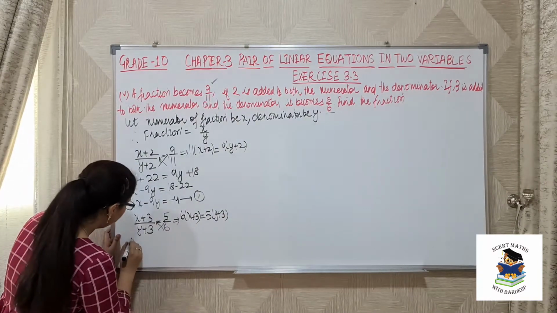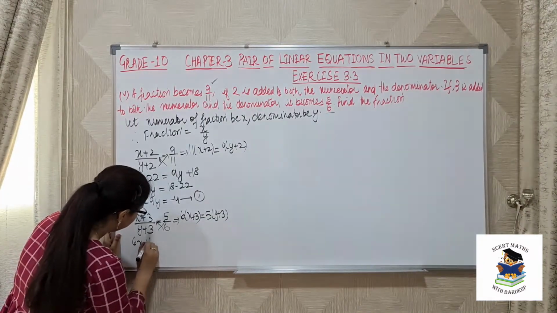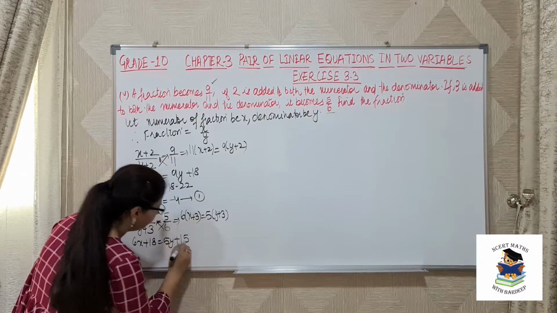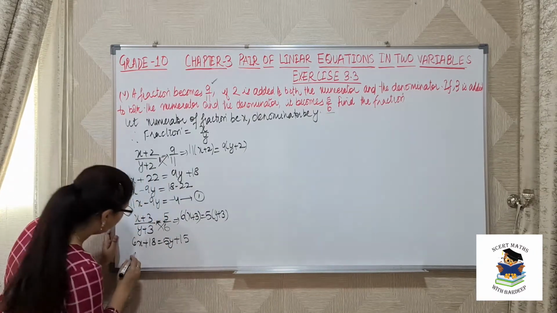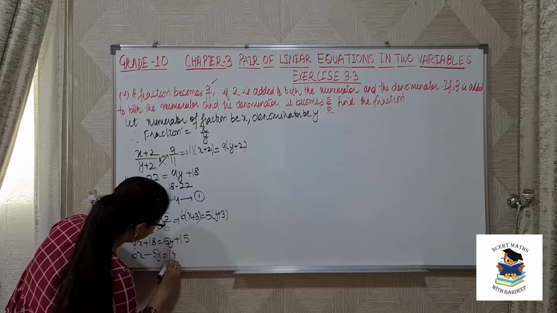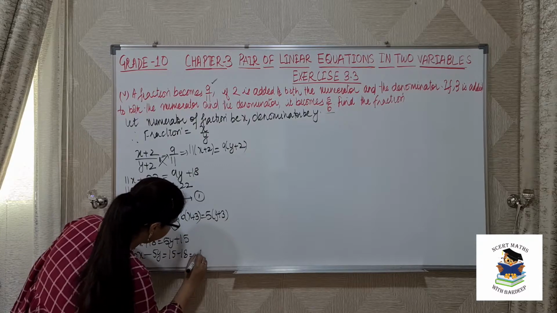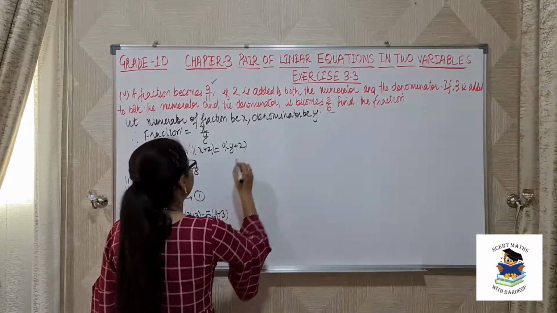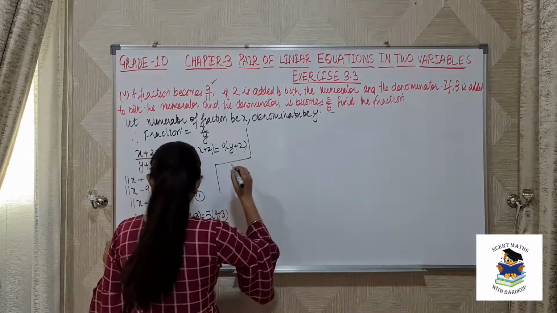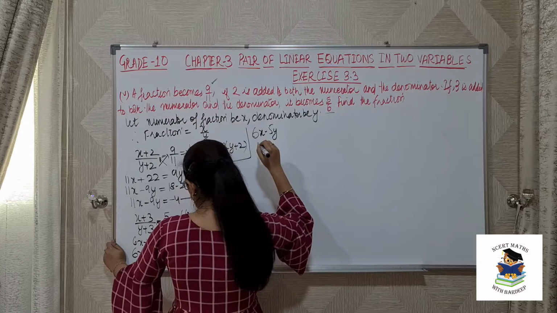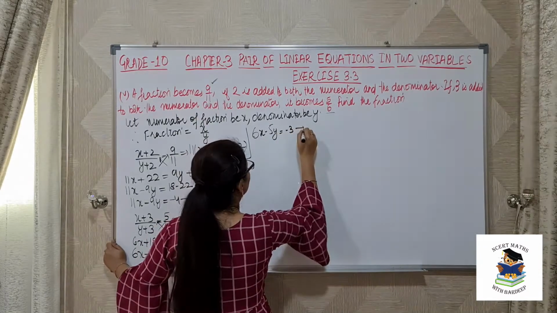Okay. So open these brackets. 6x plus 18 is equal to 5y plus 15. So now 6x minus 5y is equal to 15 minus 18. That is minus 3. So my second equation is 6x minus 5y is equal to minus 3.